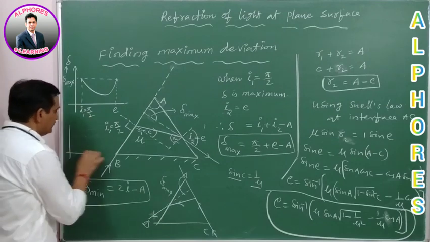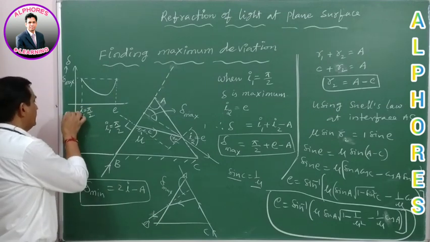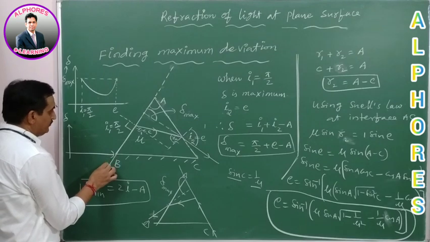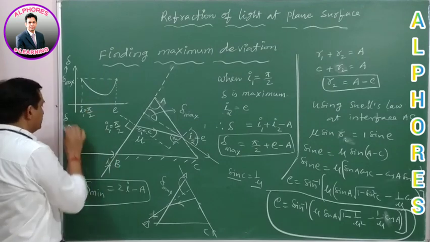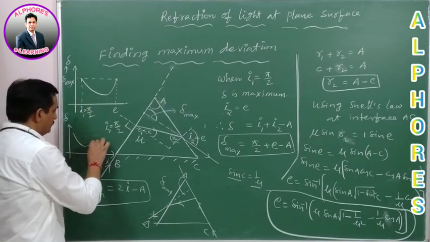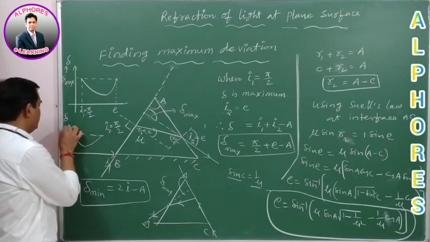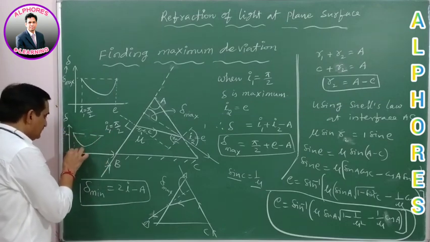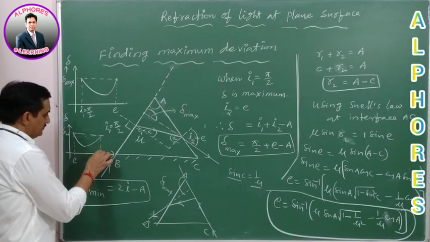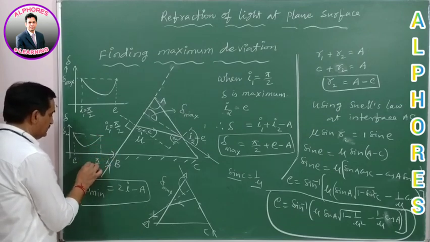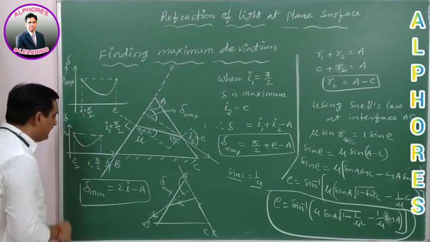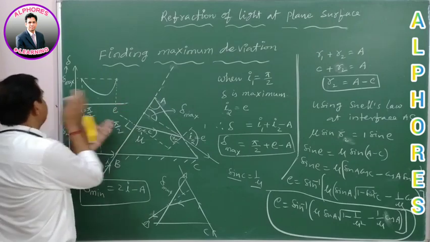See here, the graph becomes delta, this is the angle of incidence. Of course, this graph becomes, so this is a maximum deviation. In this case, this is E, this is pi by 2, this is I2, pi by 2. This is the angle of emergence. This is quite reversed.